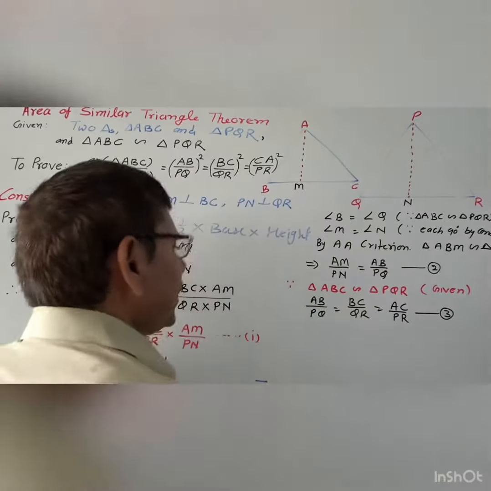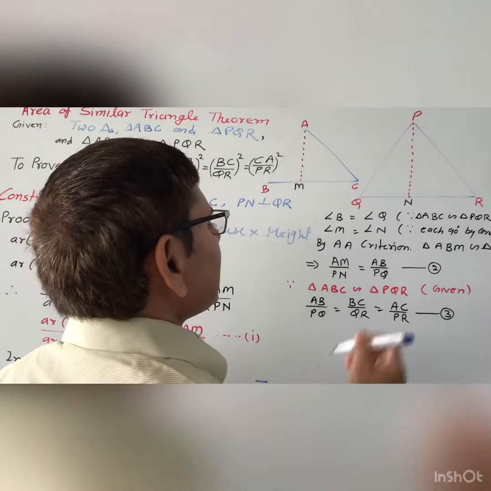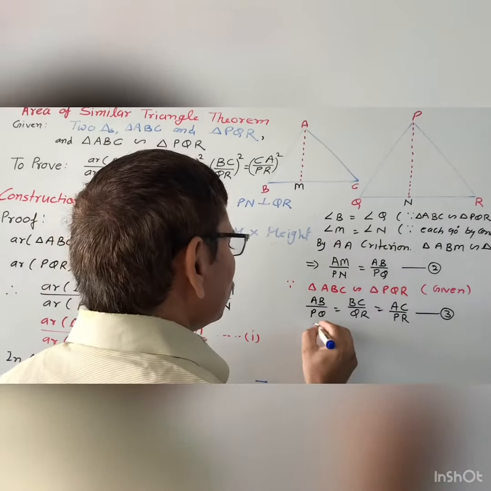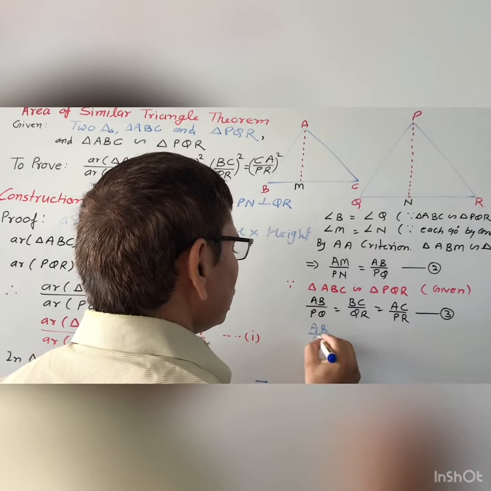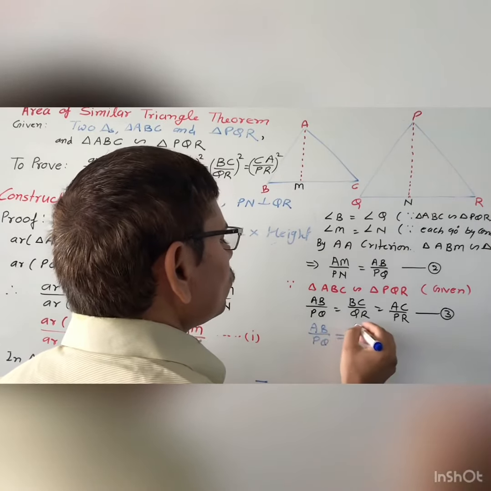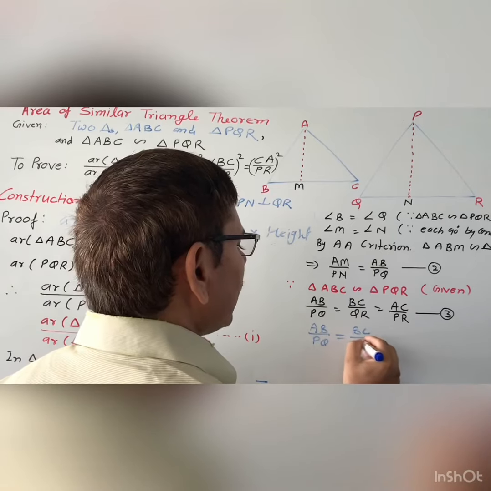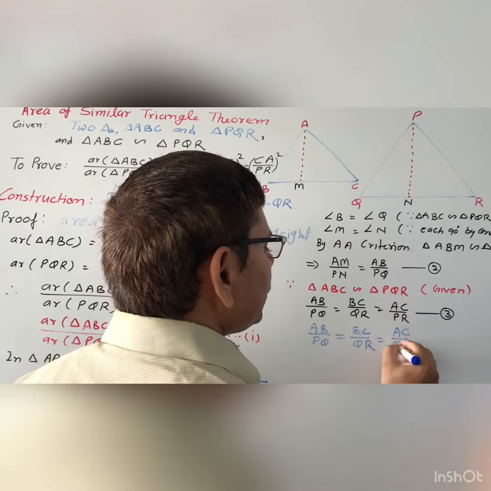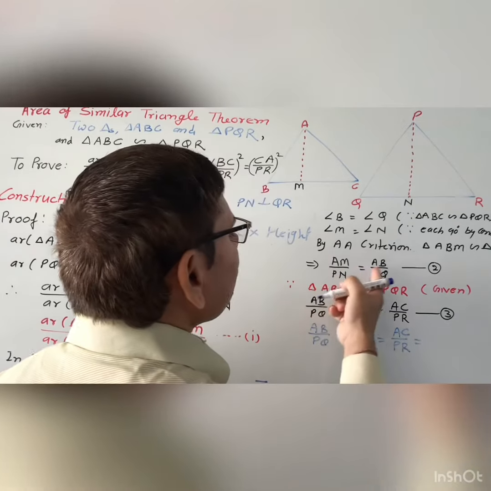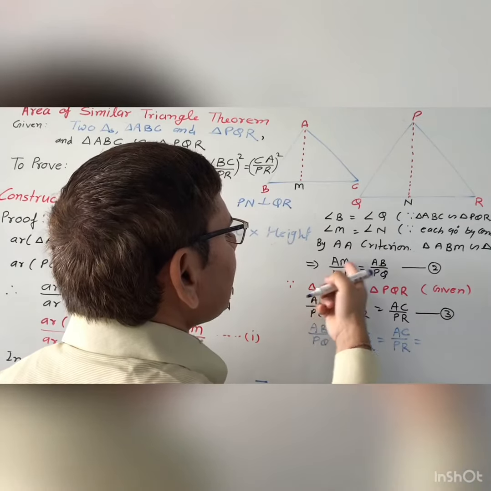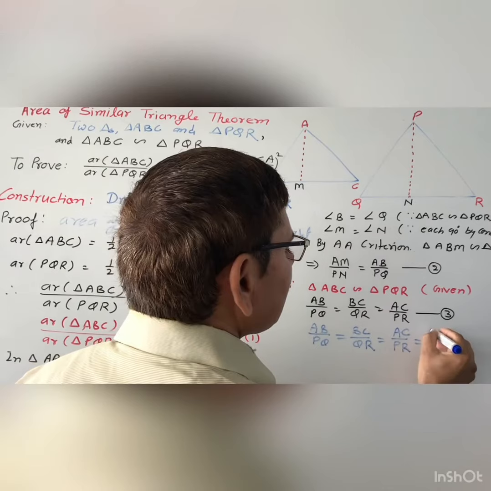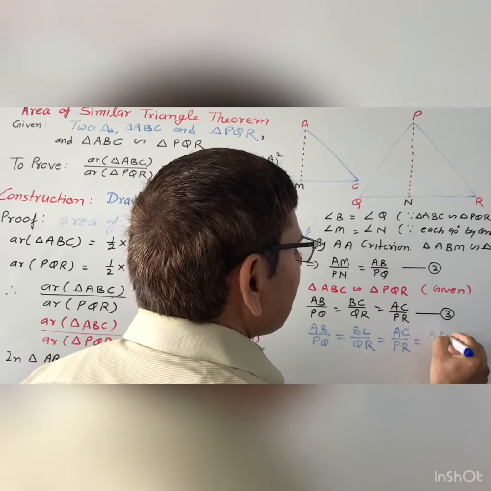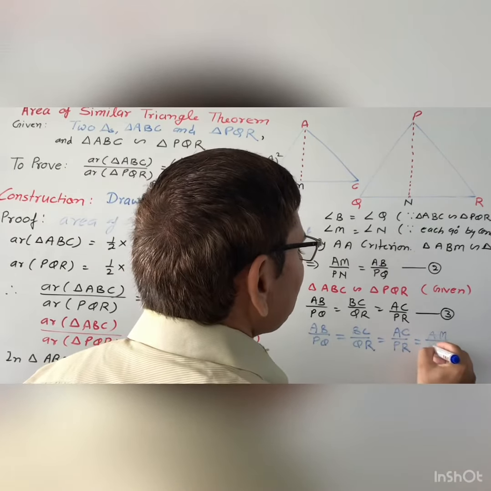You will get AB upon PQ equal to BC upon QR equal to AC upon PR, and AB upon PQ is given as AM upon PN. So you will write AM upon PN.